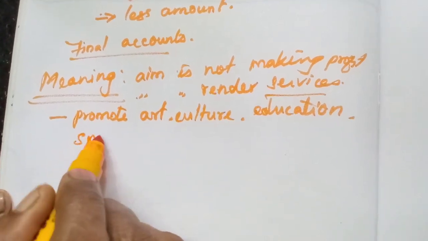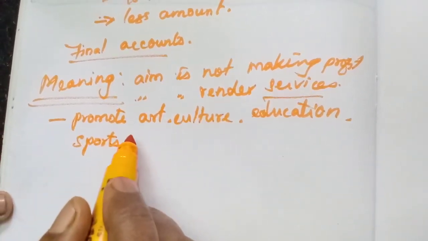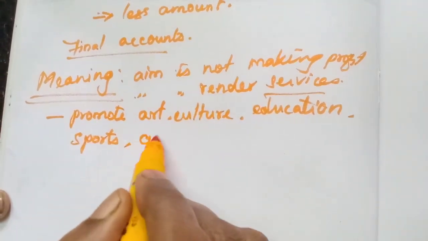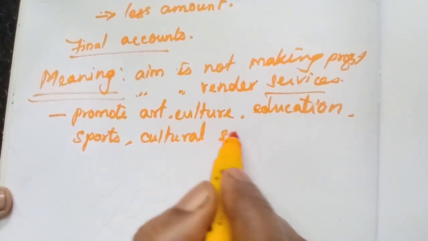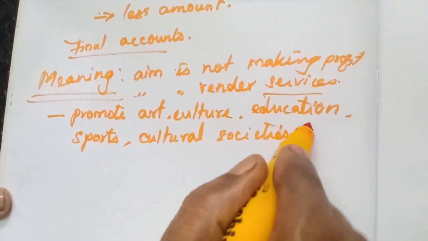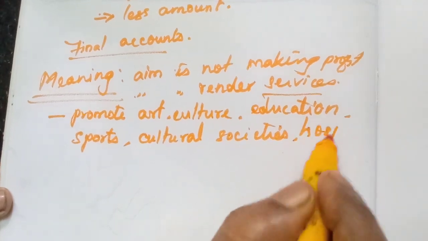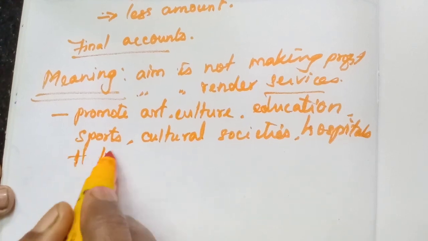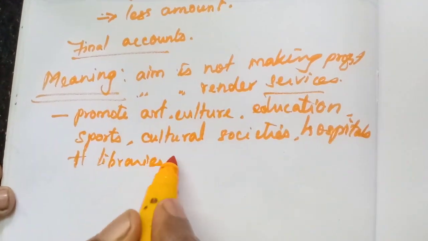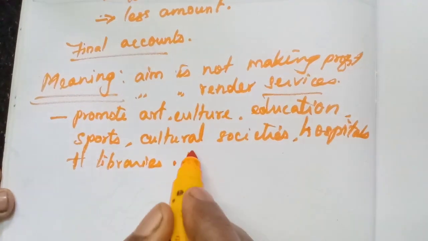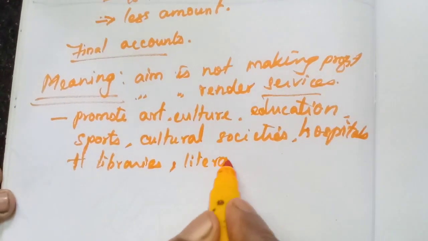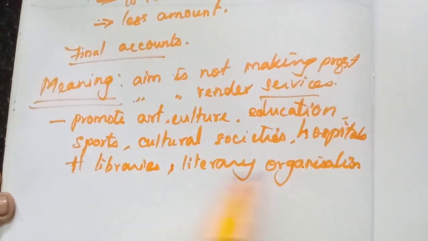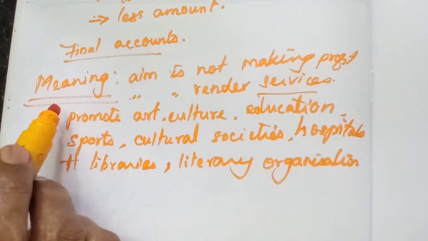Then sports, sports and recreation clubs, then cultural societies, hospitals, libraries, then any literary organizations. All these are some of the examples of not-for-profit organization.